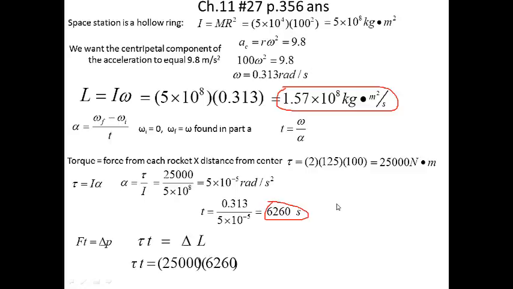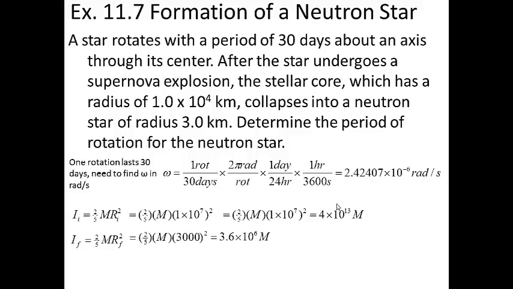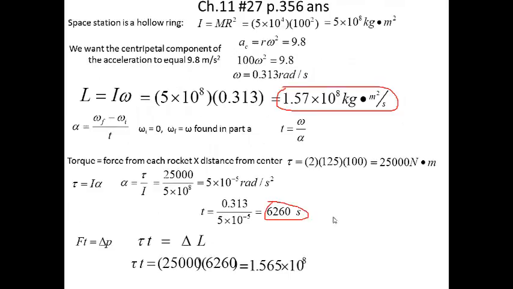So the torque times the time is going to be 25,000 times 6,260, and you get 1.565 times 10 to the 8th. I would like to point out that 1.565 times 10 to the 8th is almost exactly equal to this number, which is the change in angular momentum. So we have just proved the angular impulse angular momentum theorem.